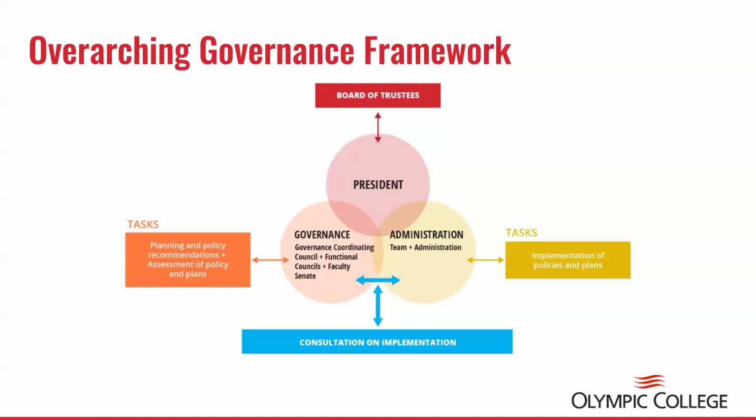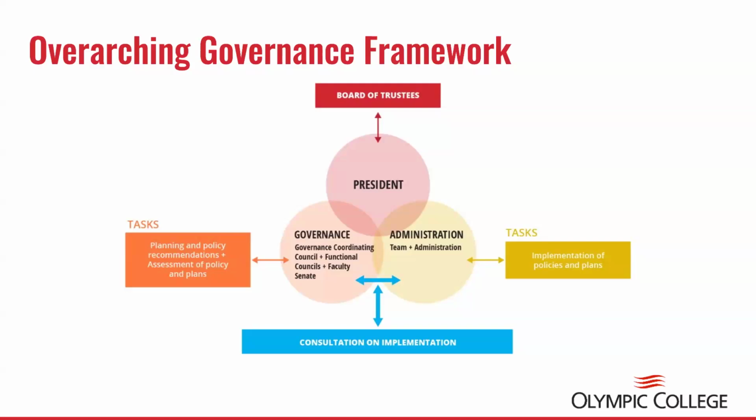So, for example, if someone's supervisor isn't behaving in an appropriate manner, that's administration. You go talk to HR. However, if there are policies about how people should behave at work, that might be something that we should talk about in governance. And so that's the division: planning, policy, assessment.